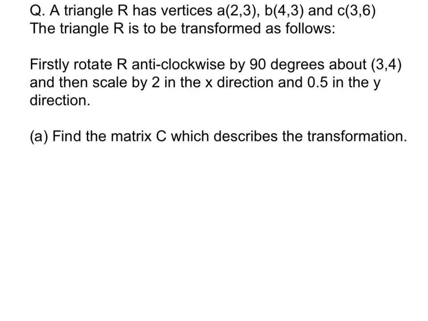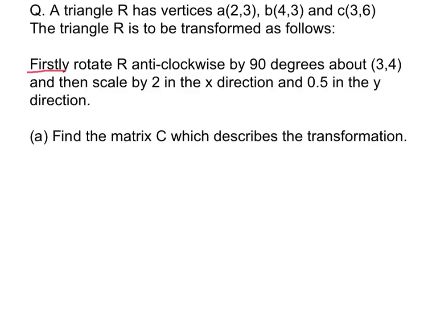Now let's look at this question here. You're given a triangle R has vertices 2, 3, 4, 3 and 3, 6, and the triangle R is to be transformed as follows. It says, firstly, rotate R anticlockwise by 90 degrees about 3, 4. Now up to here, that's exactly the same question as the previous question that we've just answered, right?